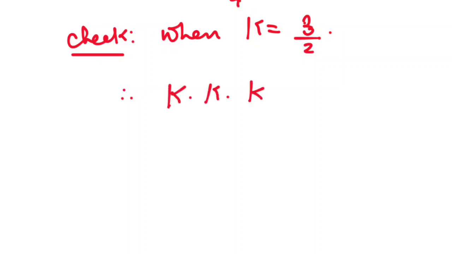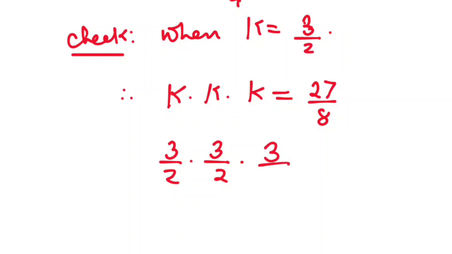So when k equals 3 over 2, and you know we have the equation k times k times k equals 27 over 8. So what is k? k is 3 over 2 multiplied by 3 over 2 multiplied by 3 over 2. So will this give us 27 upon 8?